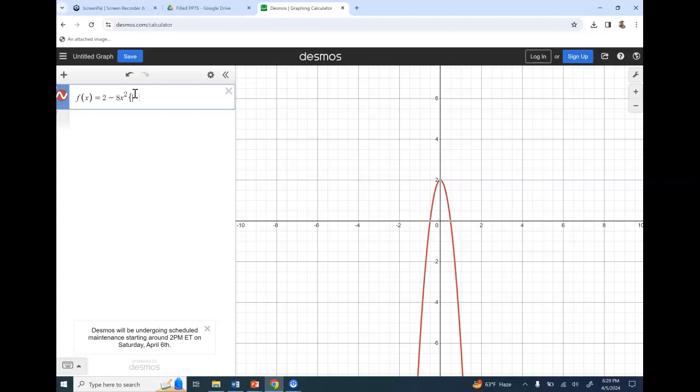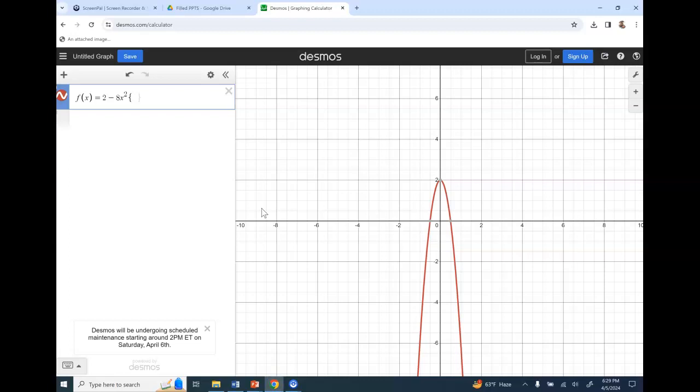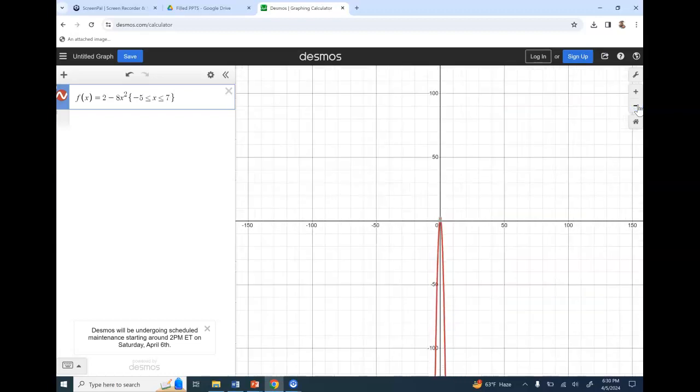To do that, I'm going to put a little squiggly bracket, and the interval we're limiting it to is between -5 and 7. So we're going to say -5 is less than or equal to x, which is less than or equal to 7. So now our function is limited over this interval.